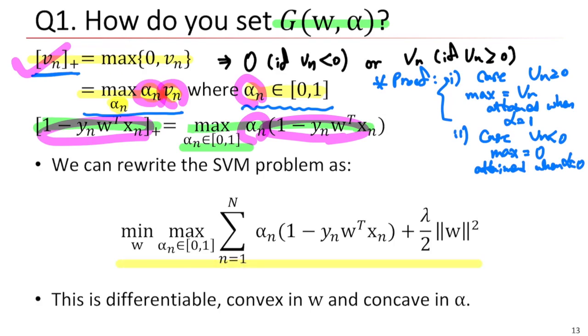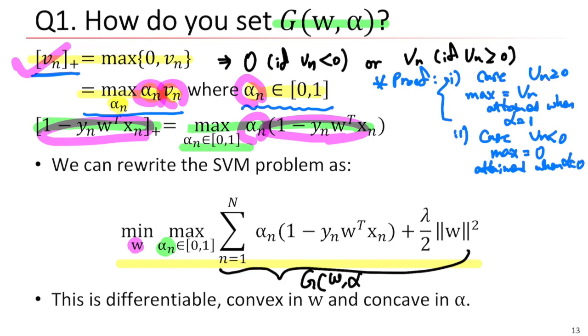So in this case, instead of just finding this network parameter w, now we have a new parameter alpha n in this optimization problem.